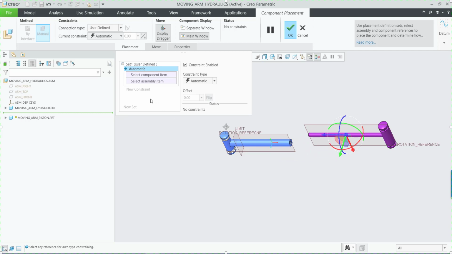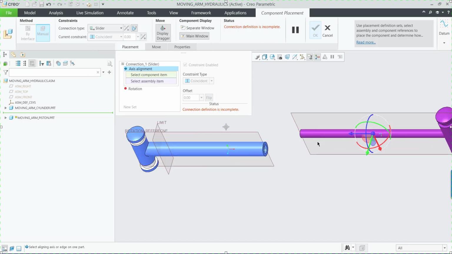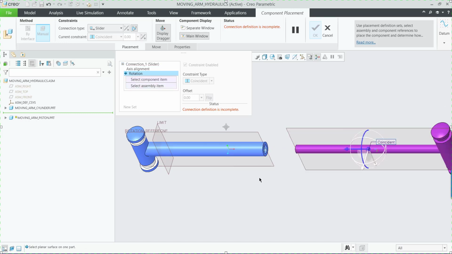Now instead of starting with the constraints, I will start with the connection only. We know that the piston will move inside the hole of the cylinder, so that is nothing but a linear motion that will be dealt with the slider connection. So I am starting with the slider connection, and for the axial alignment I will go for the 2 round surfaces from both the components.